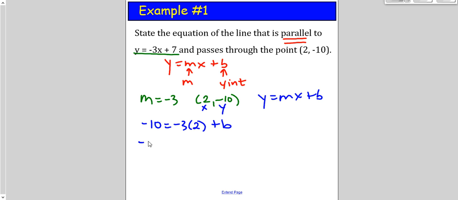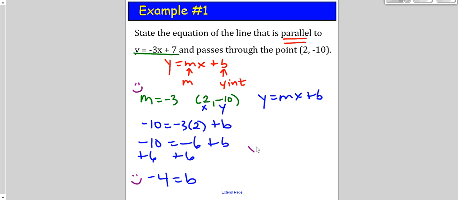Well, -3 times 2 is -6. I'm trying to get b all by itself, so I need to do the opposite operation. I'm going to add 6 to either side. Negative 10 plus 6 is negative 4. And there I have my b value. So I have my m value right here, and my b value right here. My last step is to write my actual equation using my m, negative 3x, and then my b value, negative 4. So there's my equation of the line.